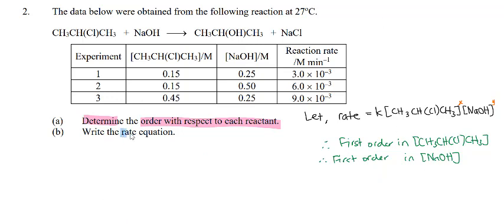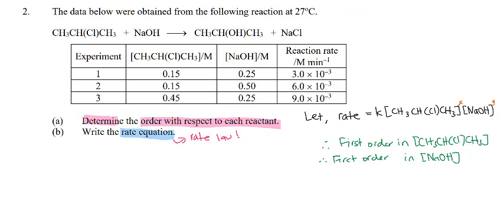And then (b), write the rate equation. Actually, the rate equation here is referring to the rate law. It is the same thing. Do not write the differential rate equation. If the question wants the differential rate equation, they must put the word differential in front.